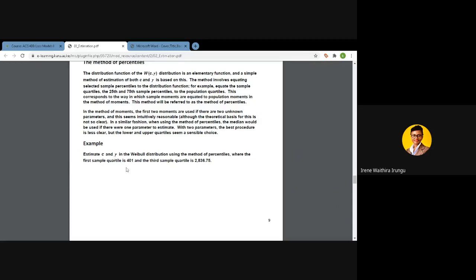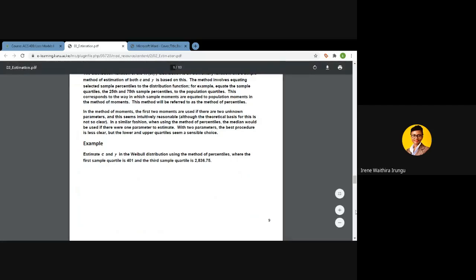So remember the aspect of quartiles. A quartile means we have divided our data or our distribution into 4 parts. So if we speak of the first quartile, we're looking at the first quarter. If we speak of the third sample quartile, we're looking at three quarters of the distribution or of the data.